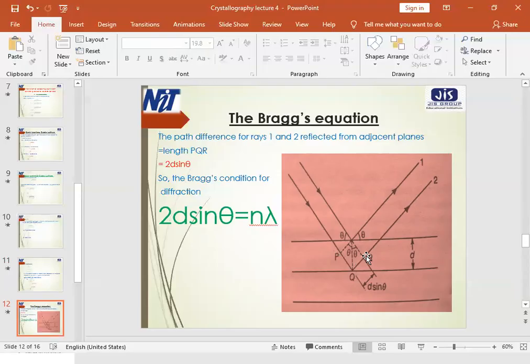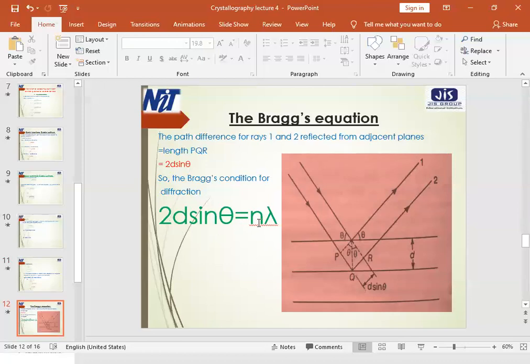This is the path difference between ray 1 and ray 2. Now the rays reflected from adjacent planes will be in phase and their amplitudes will reinforce to produce a strong reflection only if this path difference is equal to an integral number n of wavelength lambda. So Bragg's condition is 2d sine theta equal to n lambda.